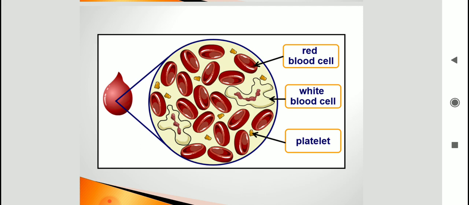White blood cells help our bodies to fight against diseases. Platelets help in blood clotting. And these cells are found freely moving where? In the blood plasma.